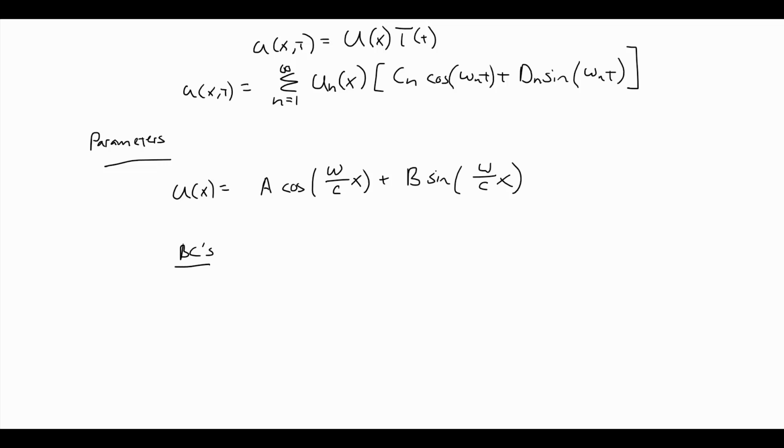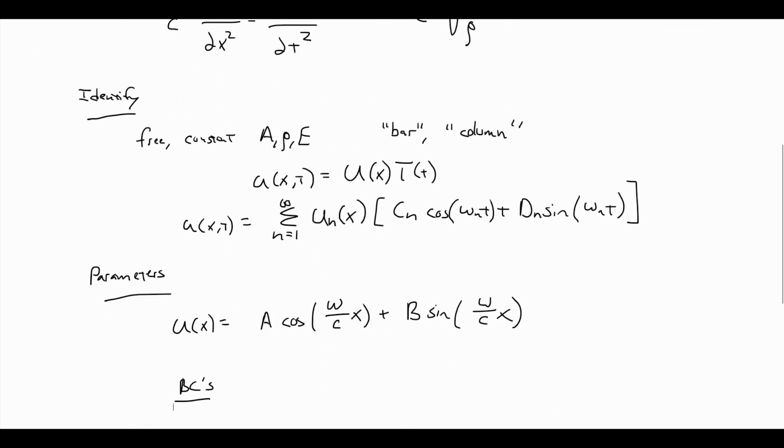So in these axial type of problems, the boundary conditions will be locations where we know the value of the displacement at all times, or where we know the axial strain at all times.